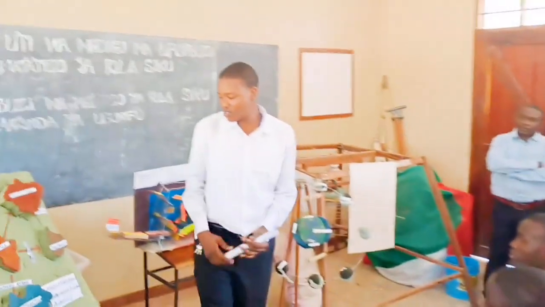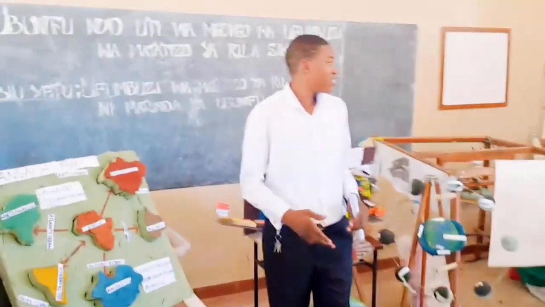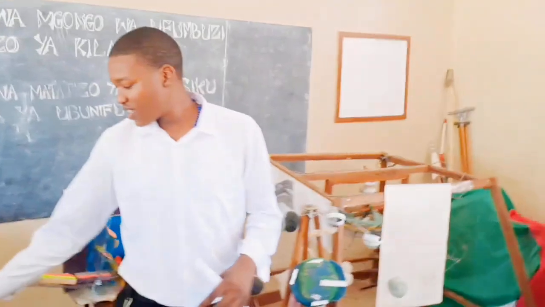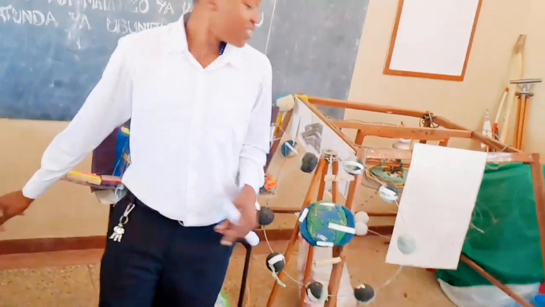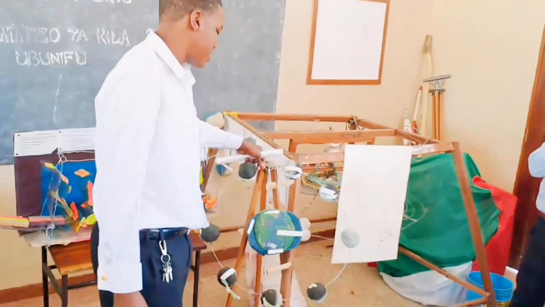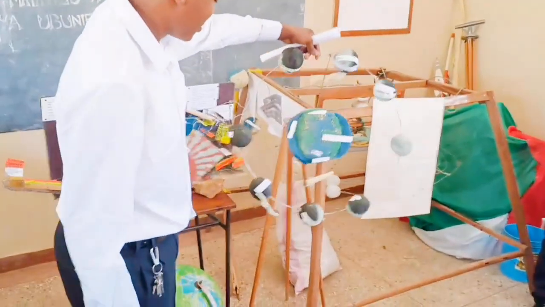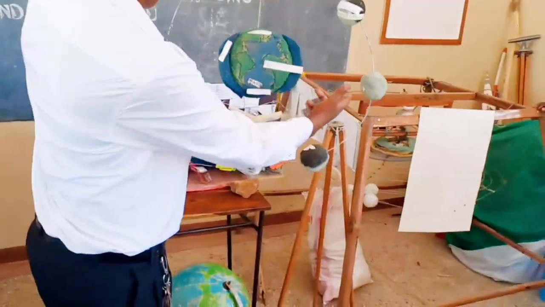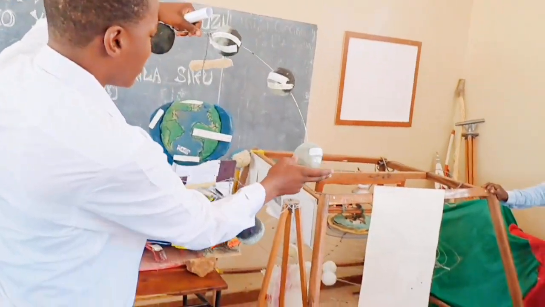I will discuss two causes of continental drift. I'll start with tidal attraction. In this, as you can see, we have the sun and the moon.